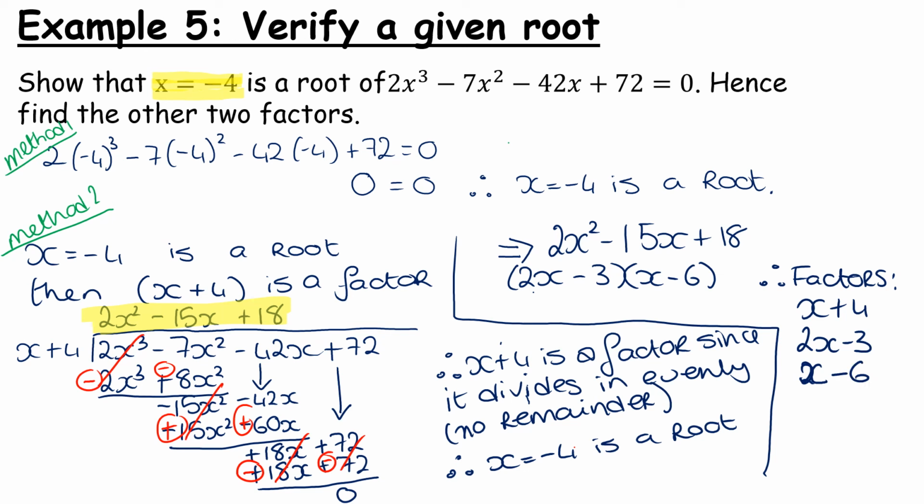Now, if they wanted the roots, which were not asked, but if you were asked, the roots would be x equals minus 4, x equals 6, and then you have x equals 3 over 2, or 1.5. So both of those are quite simple to work out.